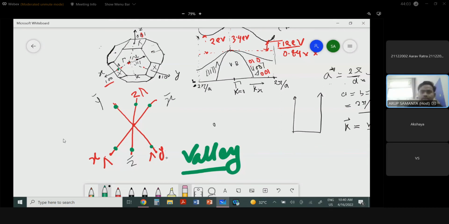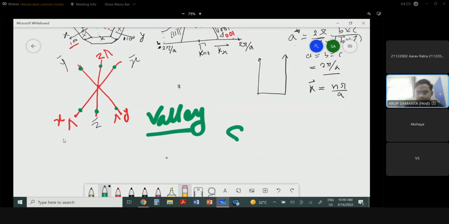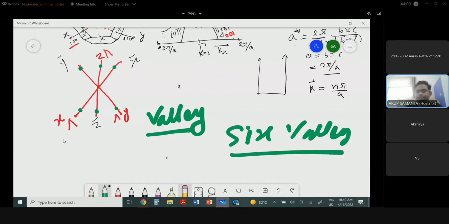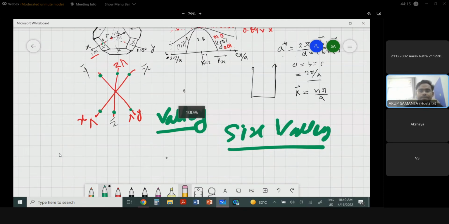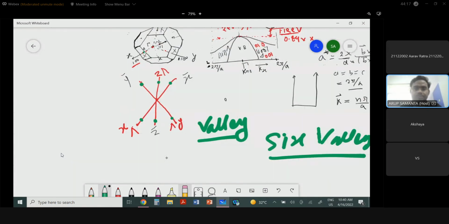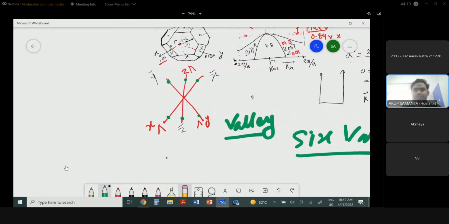So these are called 6 valleys. Then you add the plural part valleys, but I just want to consider this valley. These 6 valleys exist here.